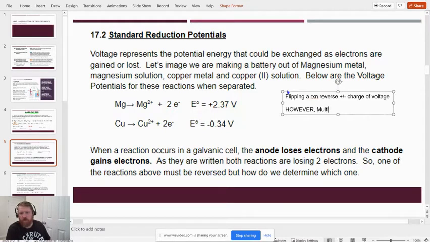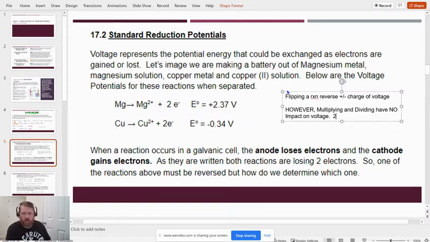multiplying and dividing have no, yes, I said no impact on voltage. What do you mean by that?